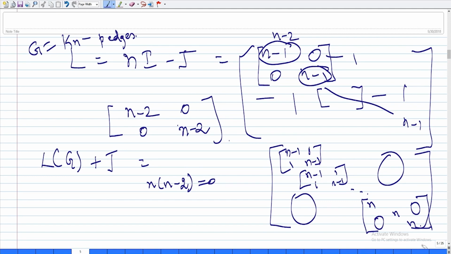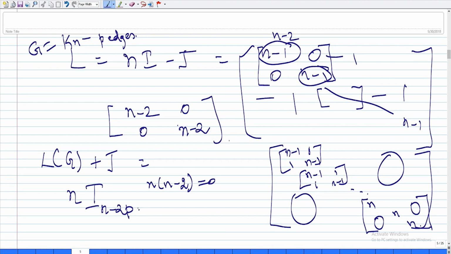And what about the last block? nI, how many times is this going to be appearing over here? So, this n block appears n minus 2p, right, nI of order n minus 2p.